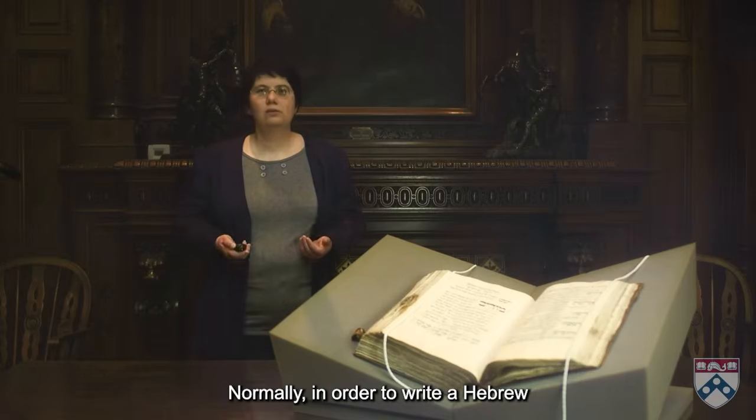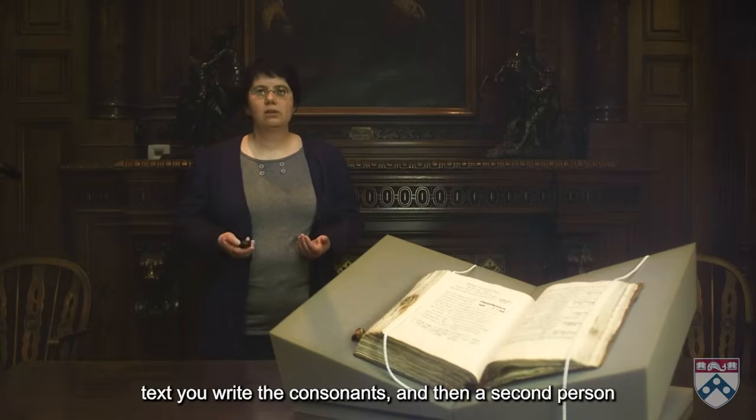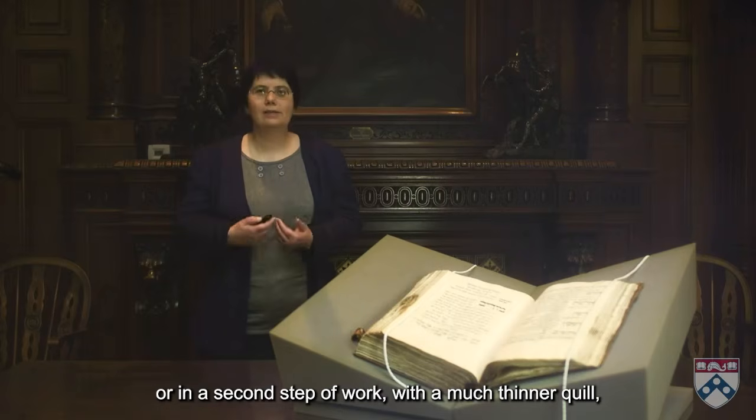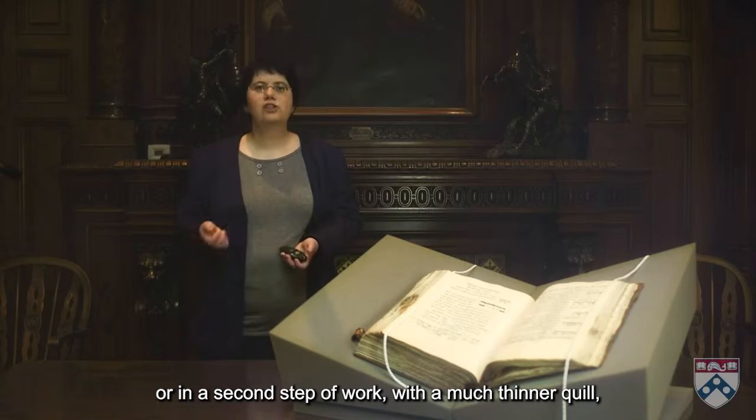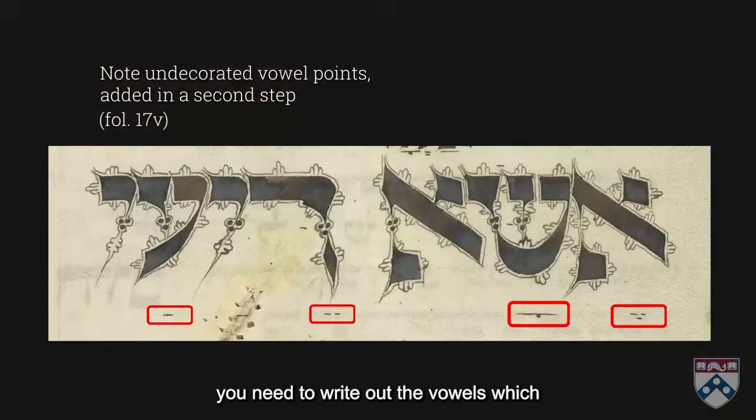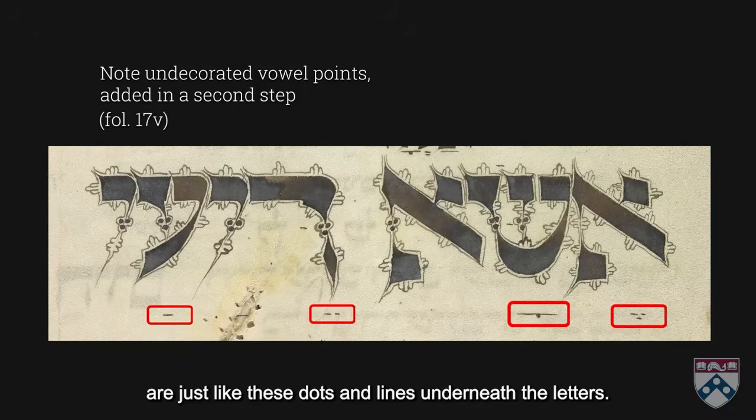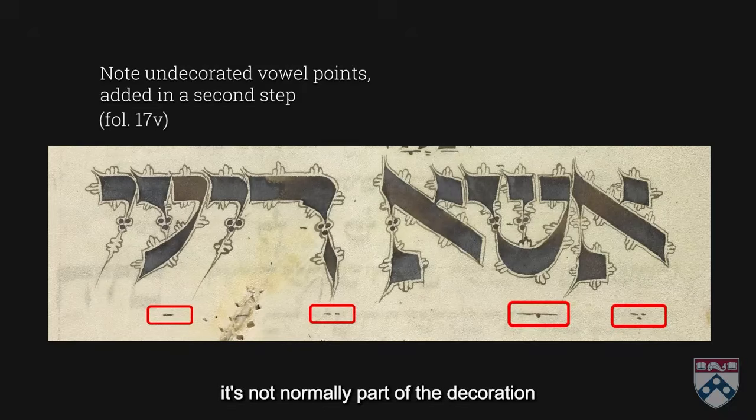Normally, in order to write a Hebrew text, you write the consonants, and then a second person, or in a second step of work, with a much thinner quill, you need to write out the vowels, which are just dots and lines underneath the letters. And because that's happening in a second step, it's not normally part of the decoration scheme of an initial word. It's simply added after the decoration is done.